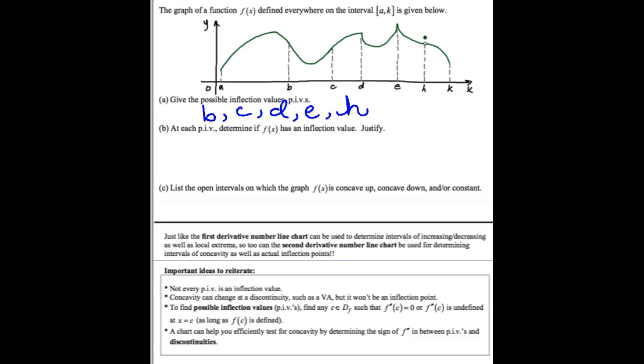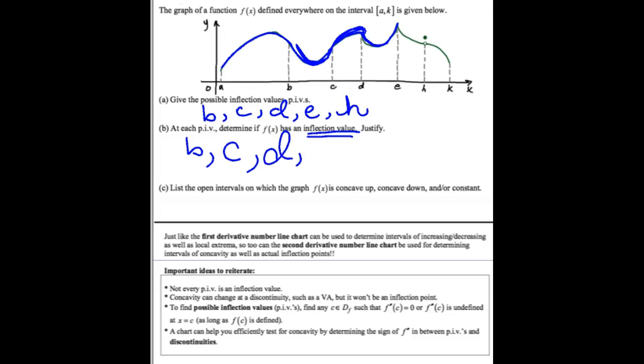So let's say at each one, determine if there's an inflection value. Well, at B, it was going from concave up to concave down. So B is. At C, it's concave up and then concave down. So C is. At D, it's concave down, shedding water, and then concave up, holding water.